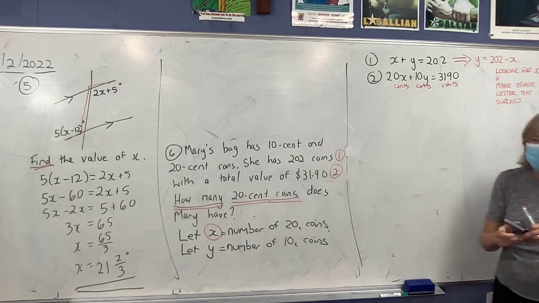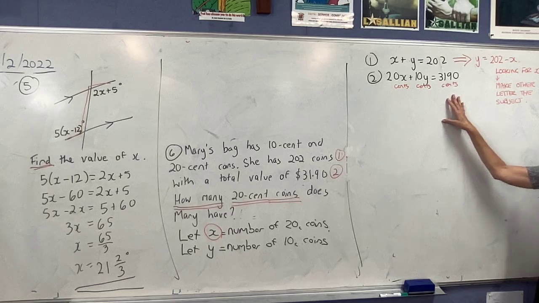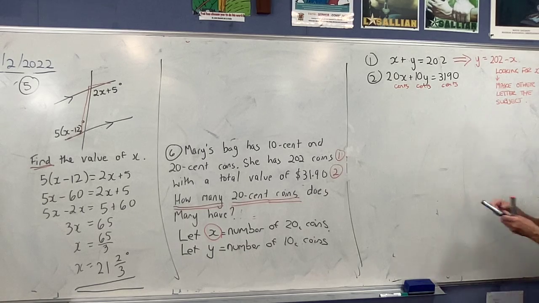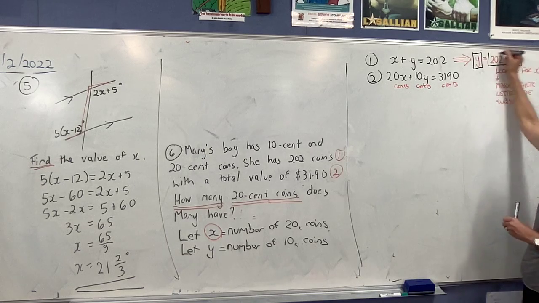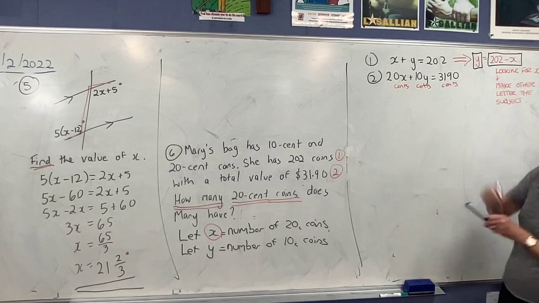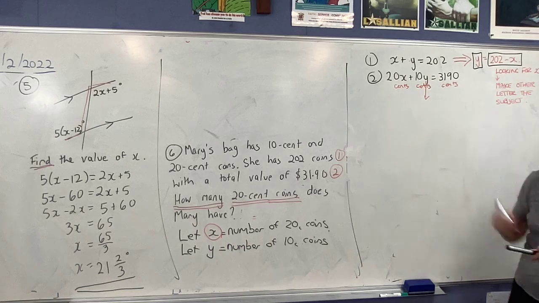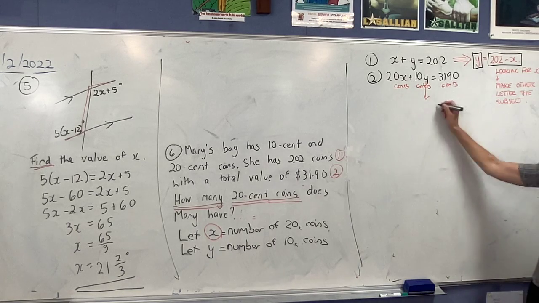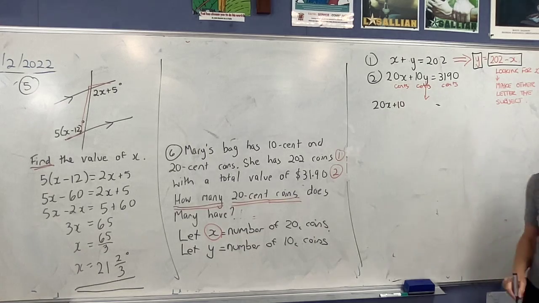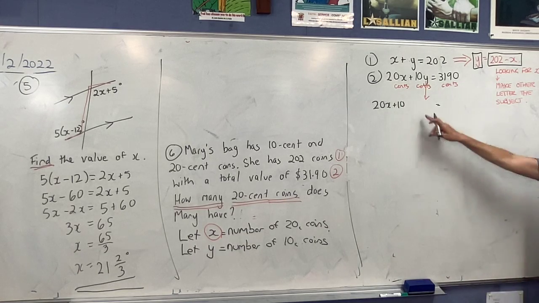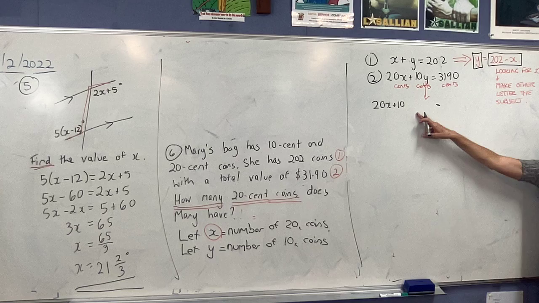Okay, so what we're looking at now is just equation 2. Where we see y, we're going to write 202 minus x. So in place of y, we're going to write 202 minus x. Let's move this over a little bit. Who can tell me what I'm writing now? Dean? Plus 10, minus 202 minus x.